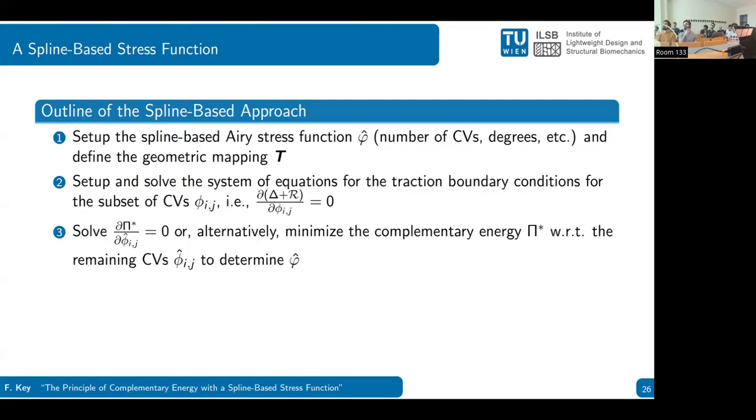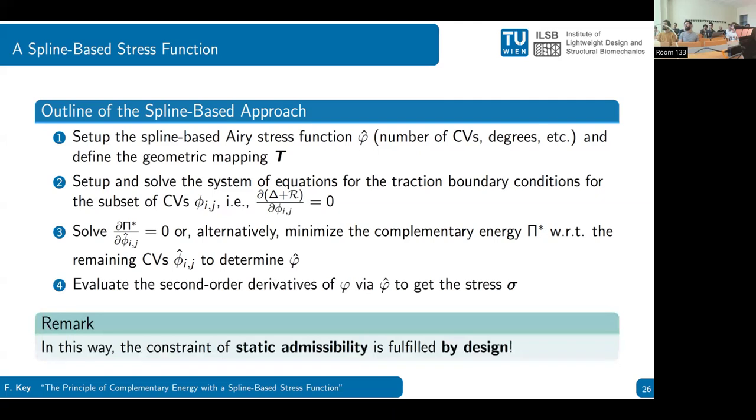Then the next step is to solve this stationarity condition, so in principle stationary complementary energy, or if we want, also to minimize the complementary energy with respect to those remaining control variables that have not yet been determined, to compute our stress function phi hat.